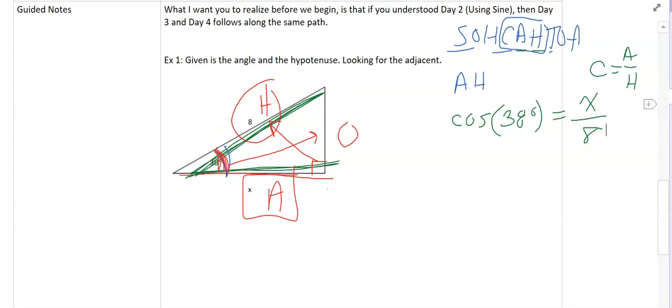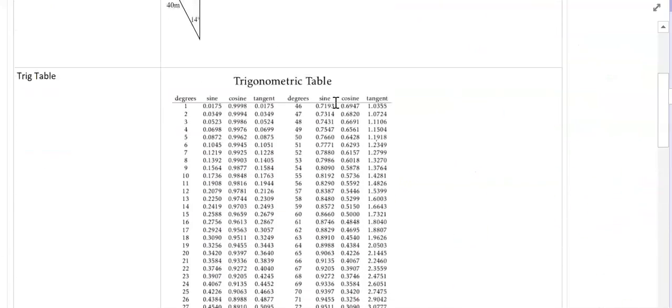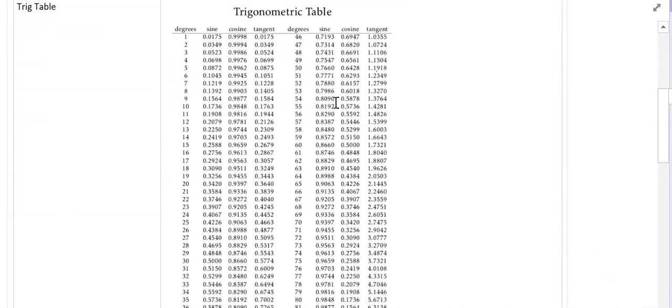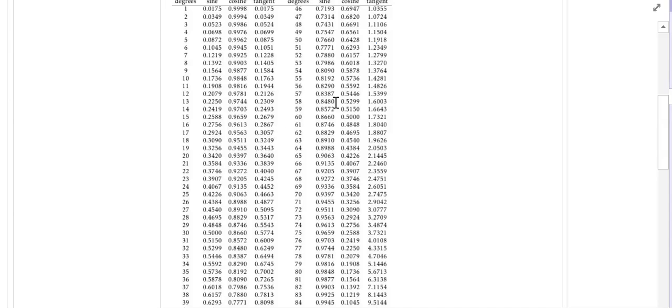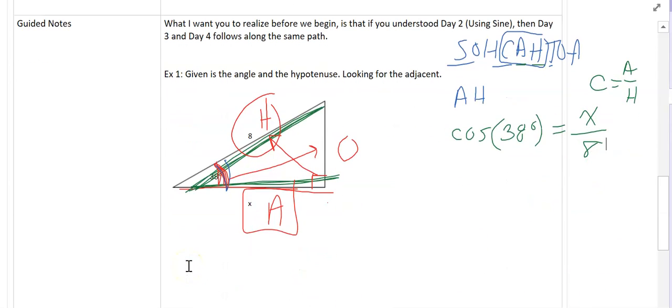Now on this page, instead of having you scroll down for the trig function, as you probably noticed if you opened it already, the trig table is right after. So exactly like we did yesterday, we're going to look for the degree, and we're using 38, right?